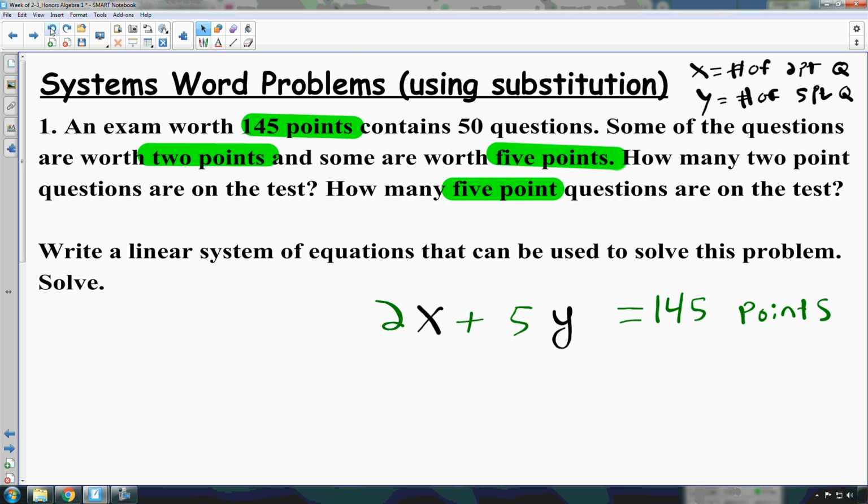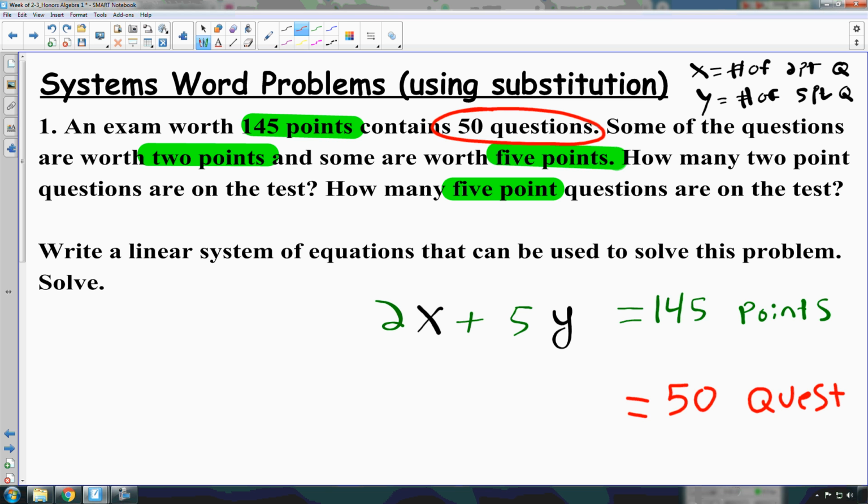Our second equation is just about the number of questions. We know that this test contains a total of 50 questions. I'll put quest for short. 50 questions. How many 2-point questions do we have?